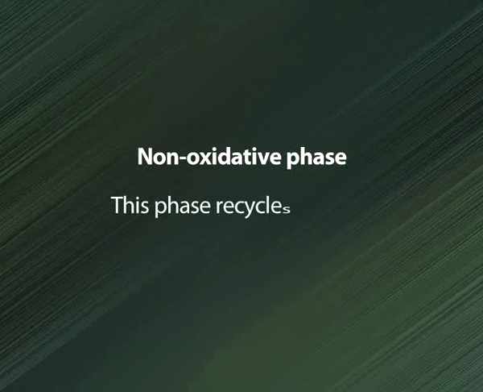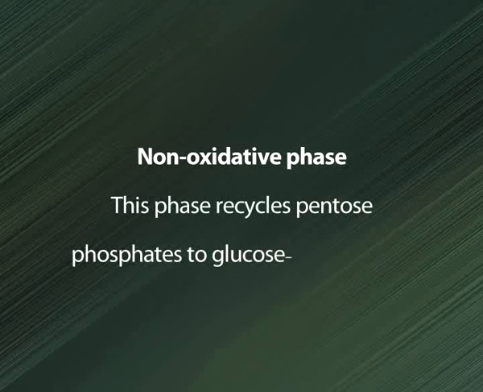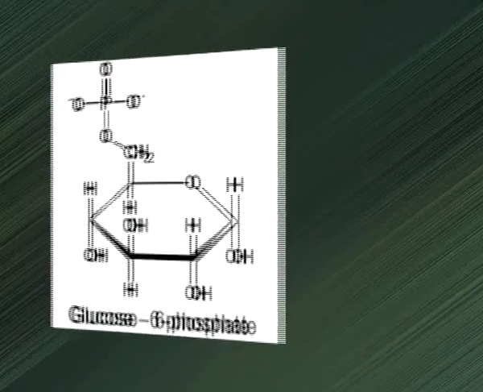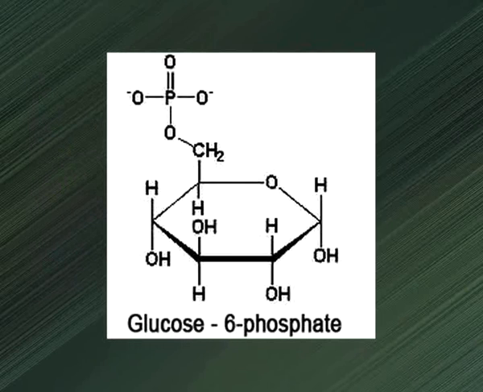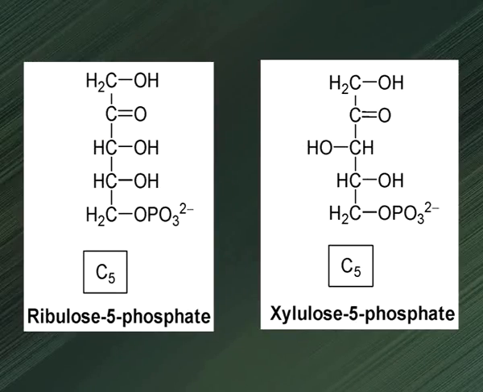Now the second phase of the pathway, the non-oxidative phase. This phase recycles pentose phosphates to glucose 6-phosphate. In tissues that require primarily NADPH, the pentose phosphates produced in the oxidative phase of the pathway are recycled into glucose 6-phosphate. In this non-oxidative phase, ribulose 5-phosphate is first epimerized to xylulose 5-phosphate.